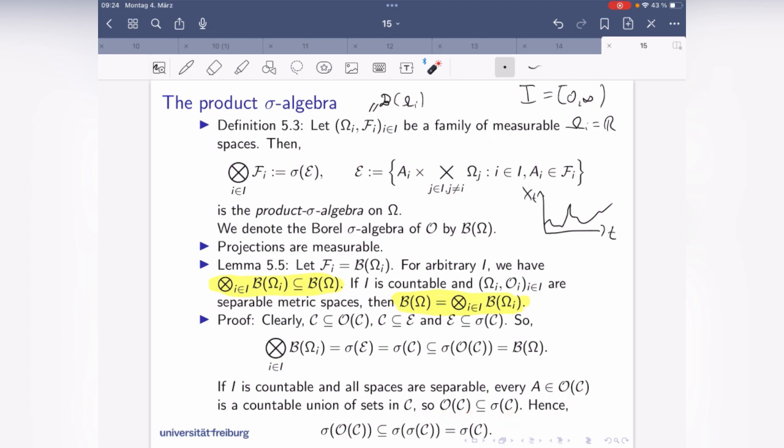And then you see that sigma of O of C is a subset of sigma of C, which means this relation also works the other way around, so you have equality here, and then the result follows. Okay, so that was this here.